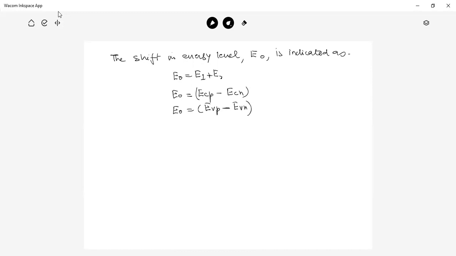So this is in reference to the conduction band, and here in reference to the valence band.